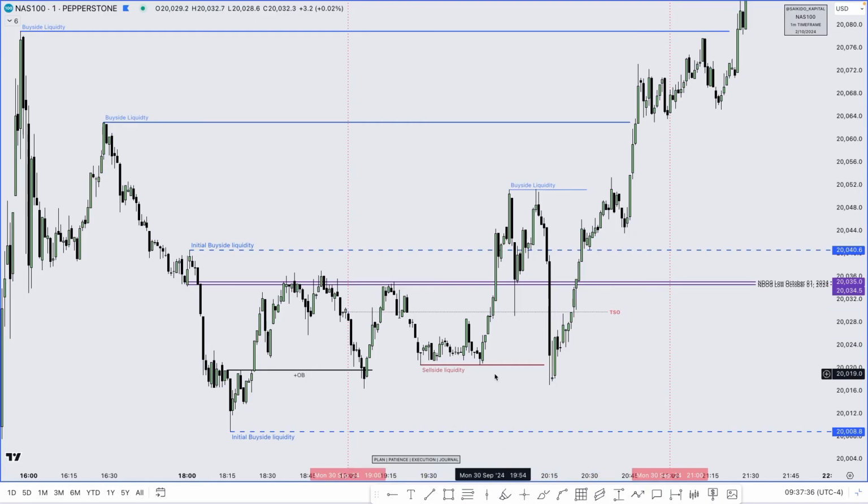So let me give you a little bit of in-depth. What happens here is we engage buy side liquidity, and then if you look here at the fair value gap, because you want to see disrespect, we failed to close below the new day opening gap here.